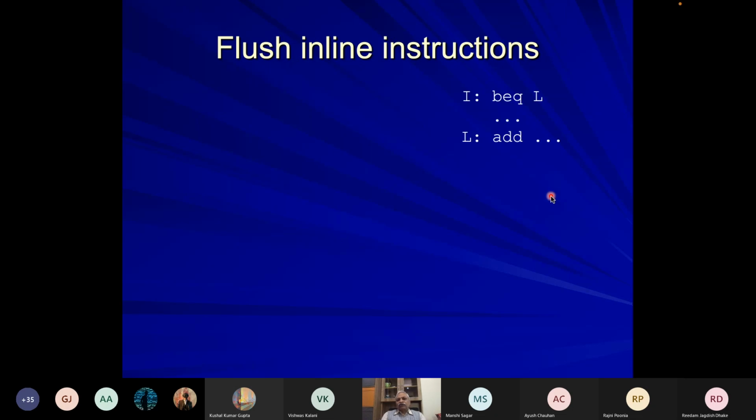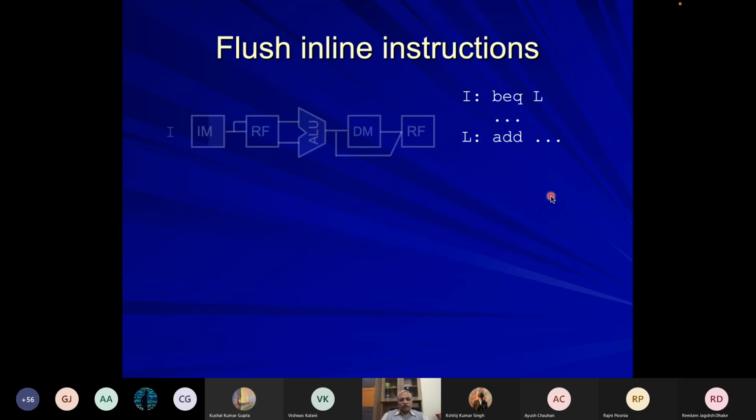So let's try to see the timings of various possibilities in detail. Let us say the ith instruction is a branch instruction, which is conditionally branching to an instruction which we are calling L, BEQL. How would you proceed? So instruction I, now this is a pipeline.